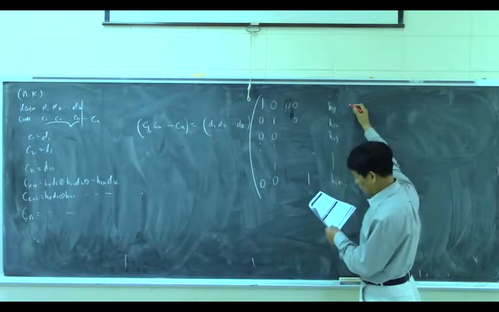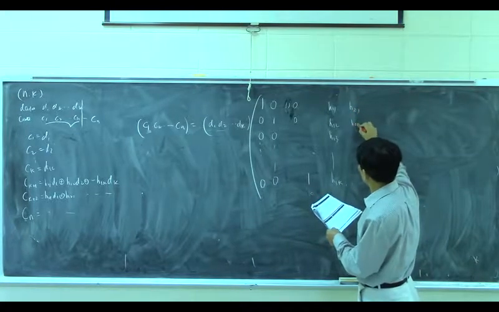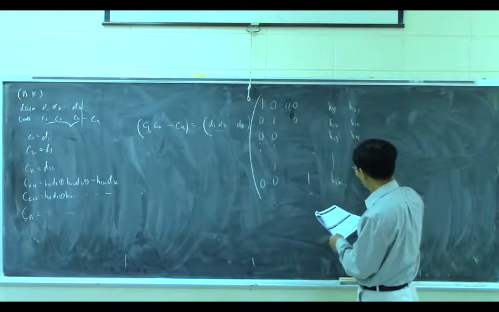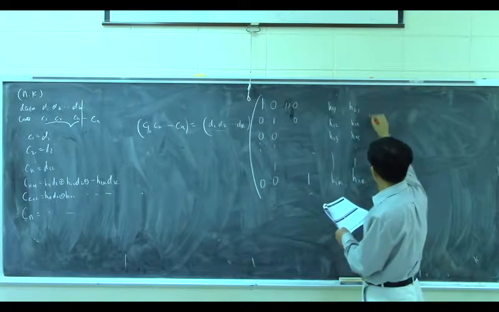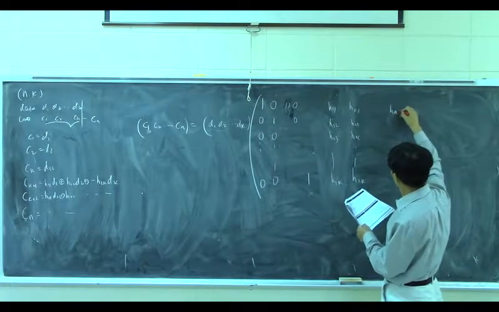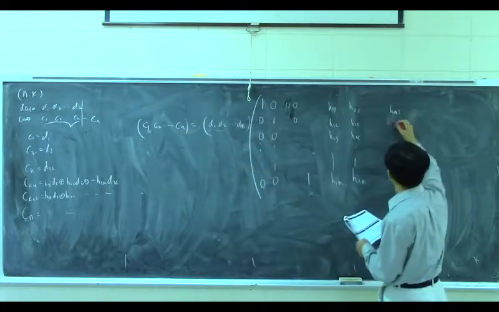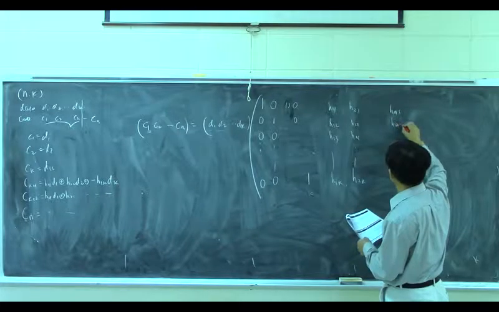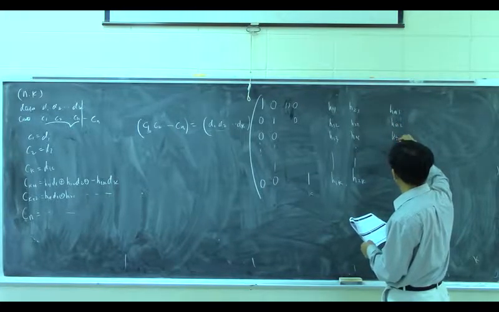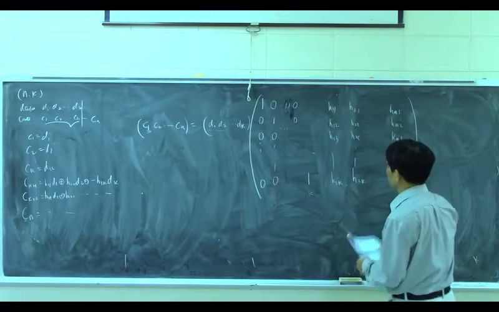So the next one will be H21, H22, H23, and H2K, and so on, all the way up to HN1, because this is the last one, right? CN: HN1, HN2, HN3, and all the way to HNK. So that's the matrix.